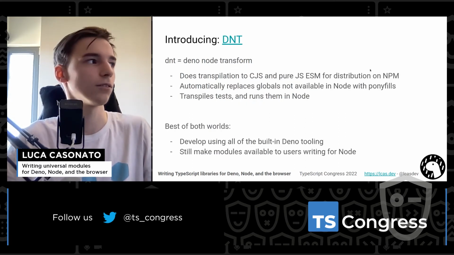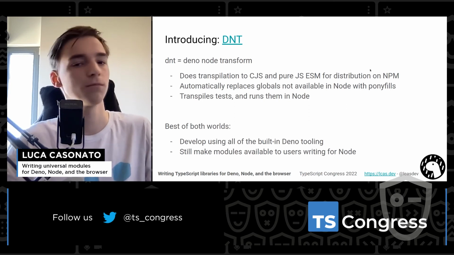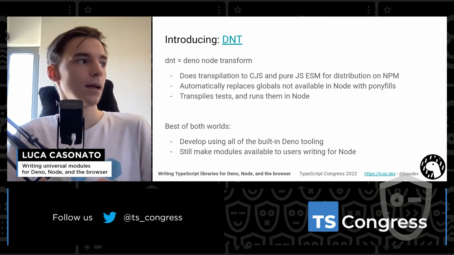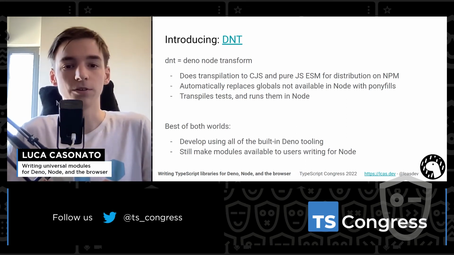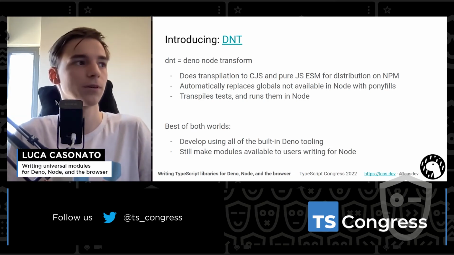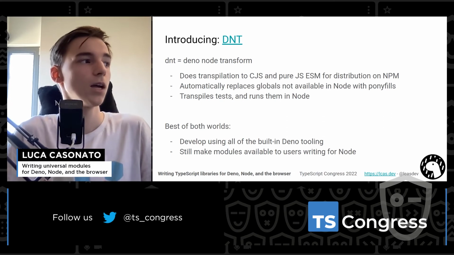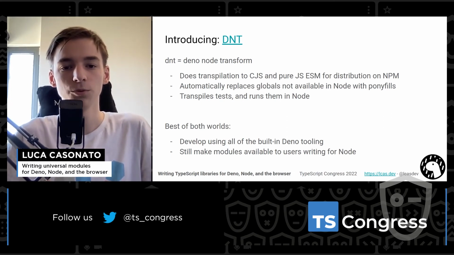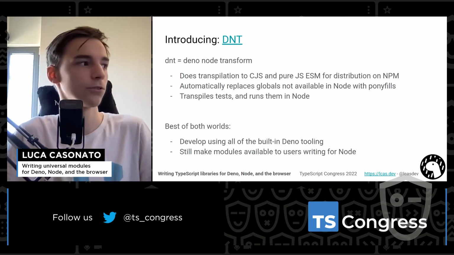It's actually really easy. So we have this build tool also made by the Deno project called DNT, the Deno Node Transform. And it does transpilation from Deno TypeScript code to CommonJS and pure JavaScript ECMAScript modules. It can automatically replace globals which aren't available in Node with polyfills or import from Node internals.